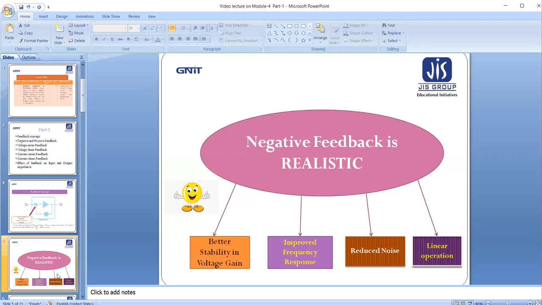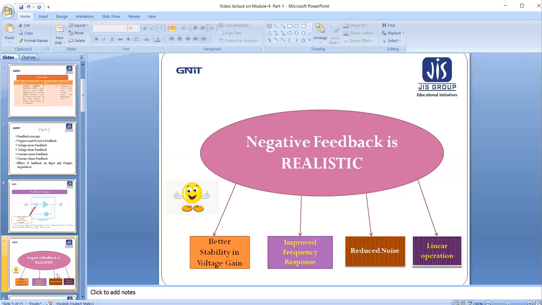The third one is reduced noise, because, very simple idea, as we are using a feedback path, if noise is generated, it also goes through the feedback path, and it will be checked with the input signal, and it will produce some sort of output. So thus we can easily check the noise.